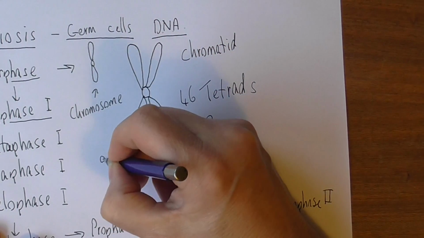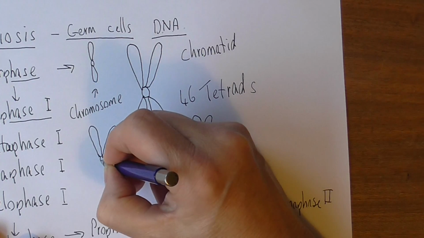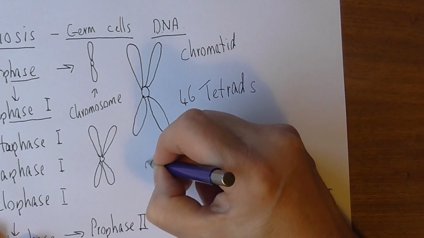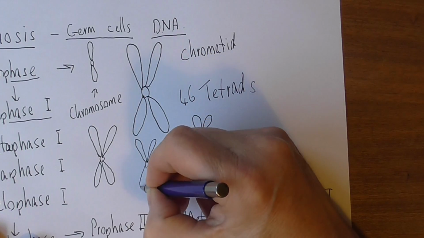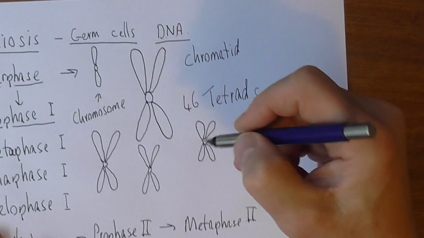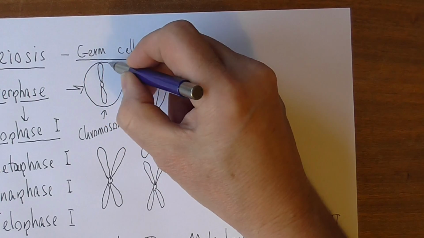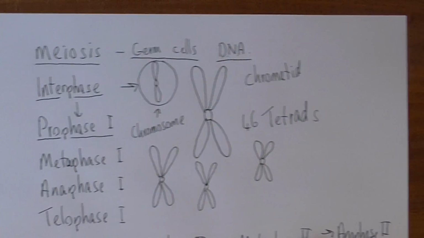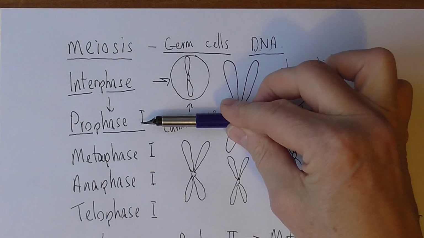But all the way from chromosome 1 down to chromosome 46, we now have 46 tetrads in the cell. Whereas before, we had 46 individual chromosomes. Now we have 46 tetrads. So that happens during interphase, and that sets us up nicely for the next stage, which is the prophase, which we'll look at next.